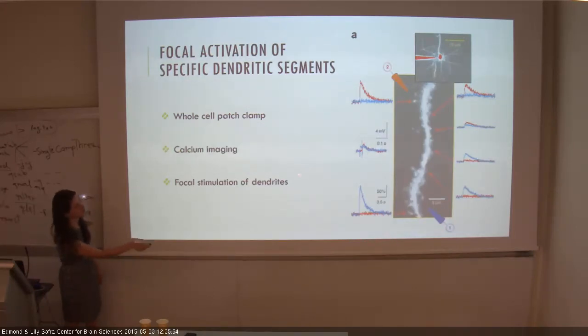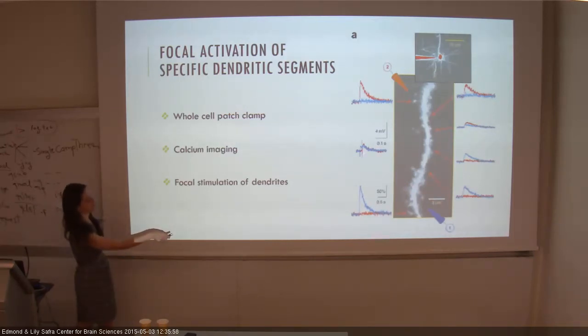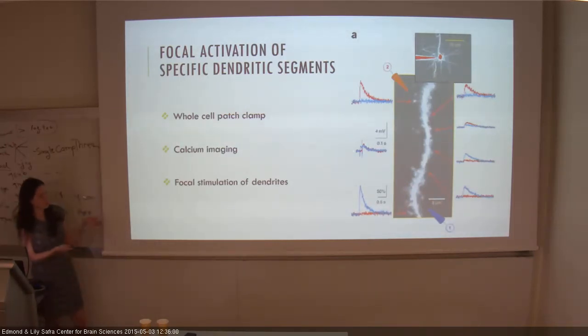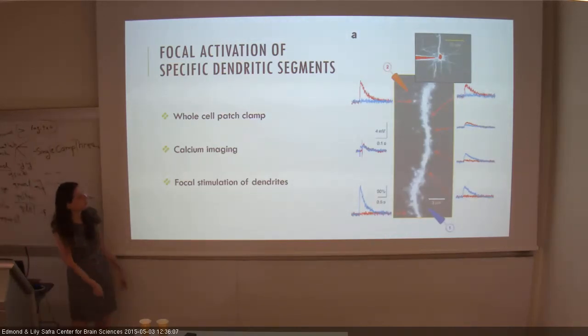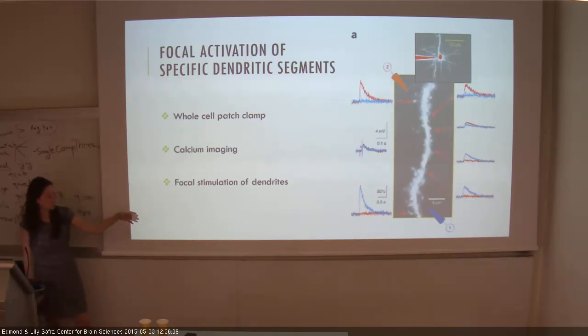It's a lot of graphs, so bear with me. Over here you can see the traces that they saw at the soma. You can see that the blue trace, which was the result of the blue stimulating electrode, and the red trace look quite the same at the soma, though they're from different places.